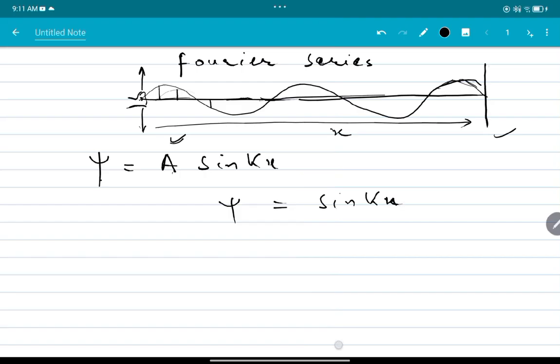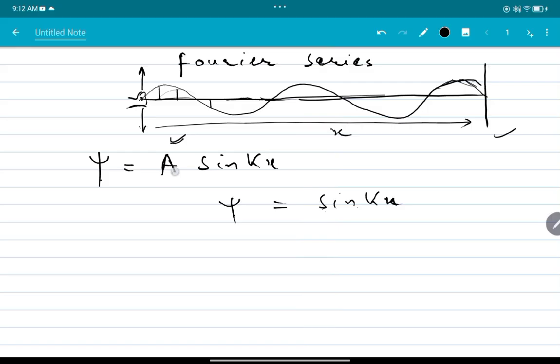This means the maximum value of psi should equal the maximum value of sine kx, but we know that the maximum value of sine is 1. This means psi will have an amplitude of 1. That is not a must. It can have a different amplitude, so we have to allow for that.